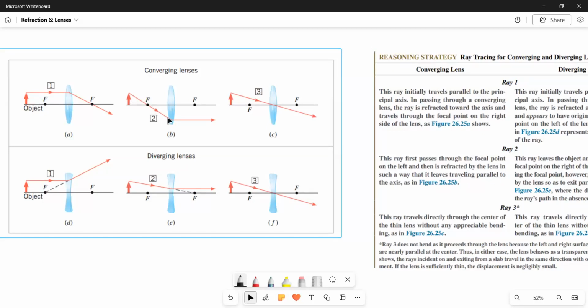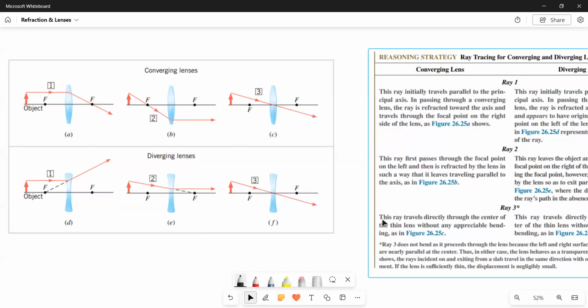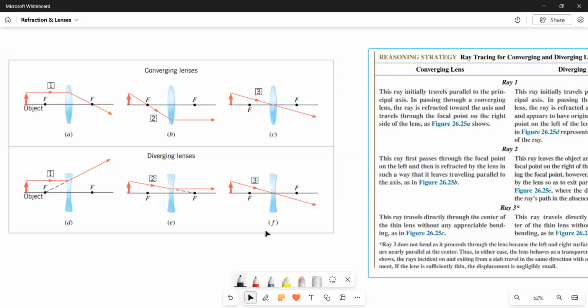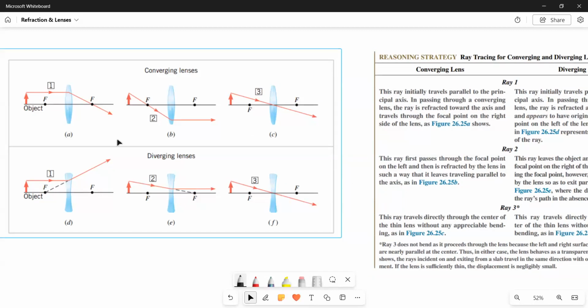So it goes down and then it goes parallel. And the third ray travels through the center as though there's no bend. And you follow the same rules here for this one. And that's how you will construct your image.